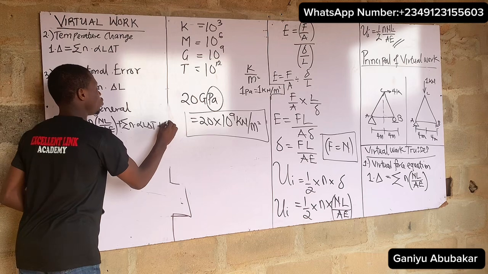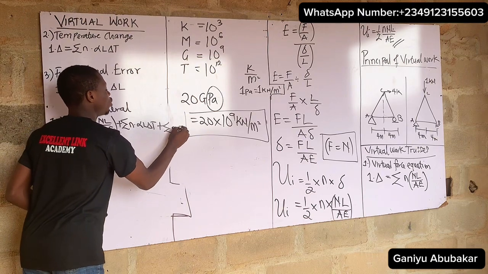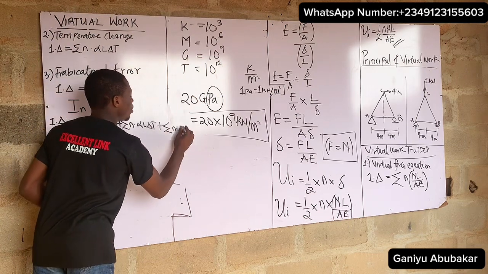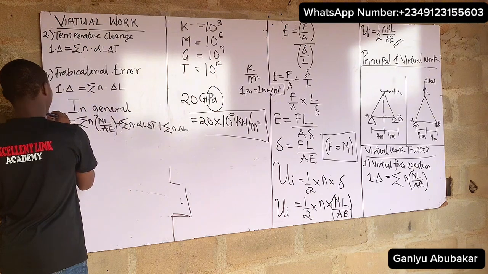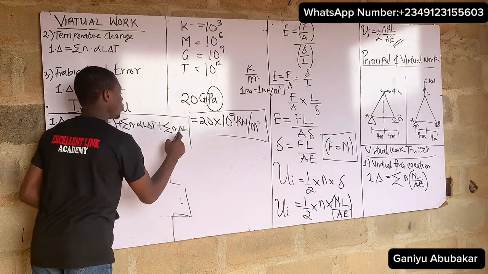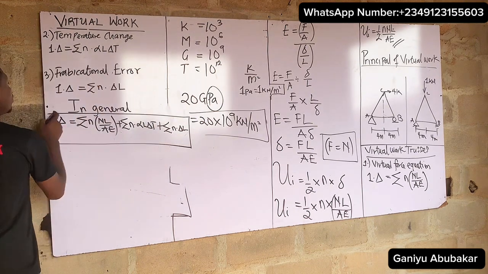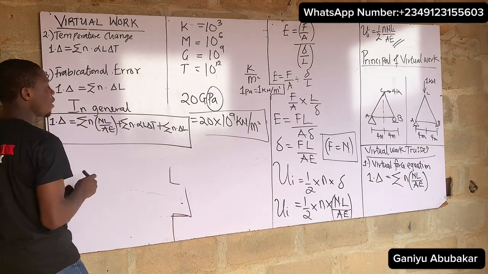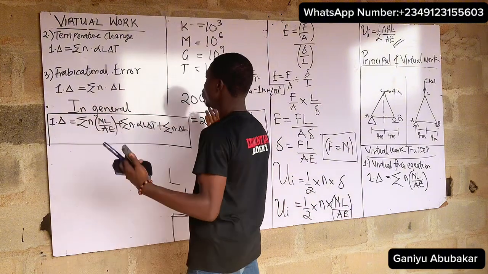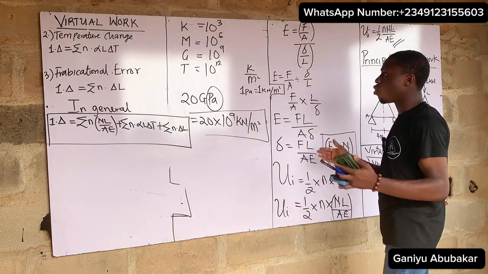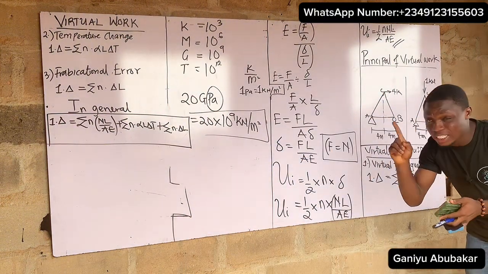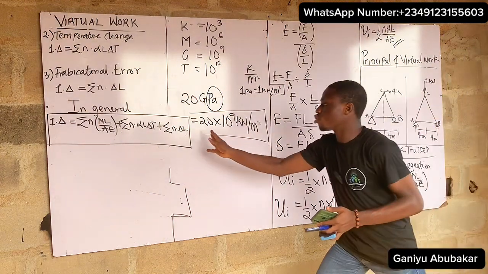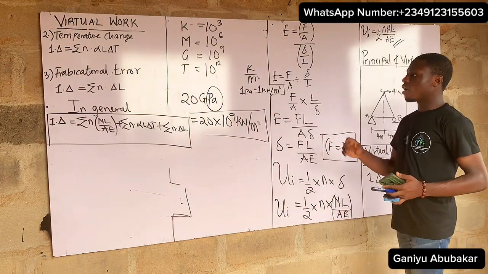Finally, I have plus the summation of n dot delta L. This last one is for the fabrication error. So note this formula, very, very important when it comes to the concept of virtual work in terms of trusses. These are the truss expressions, please.